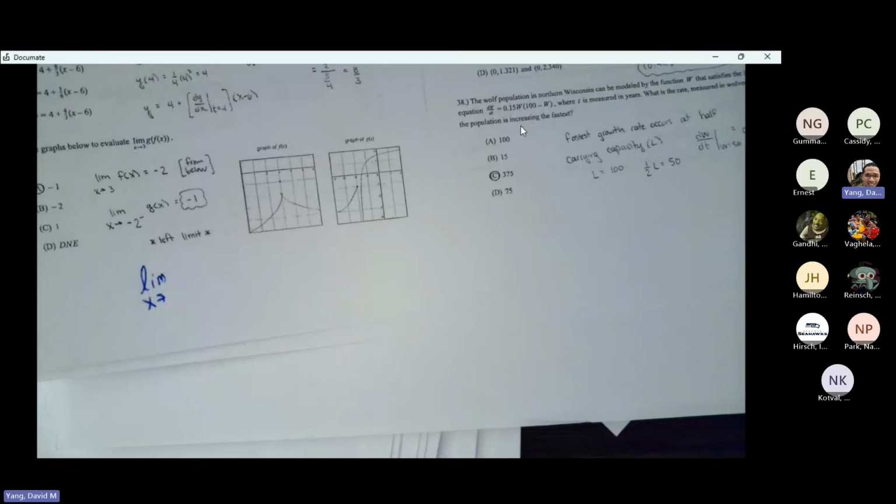Yeah, this may be similar to that previous one, where if we really want to find the true limit, we really should be looking at the approach from the left and from the right. Let's see if that will answer the question. Limit.